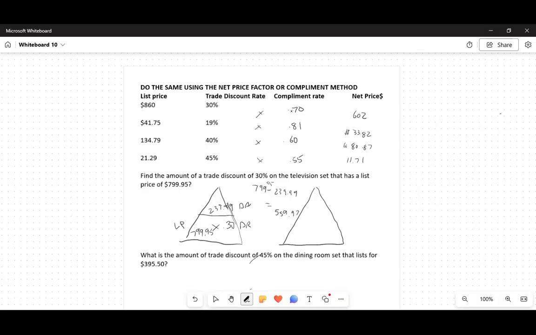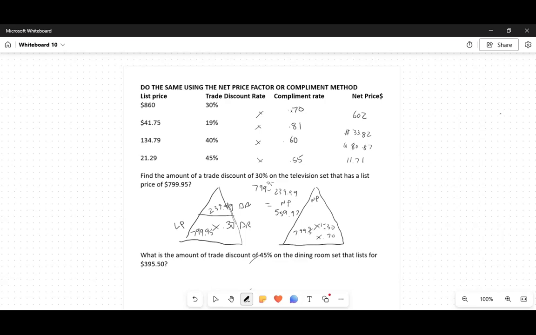All right. So $799.95 minus the discount amount comes out to a net price, NP, of $559.97. Or if I wanted to use the net price formula, I would take the list price again, $799.95, and multiply it by the complement of 30%. So 1 minus 0.30 equals 0.70.